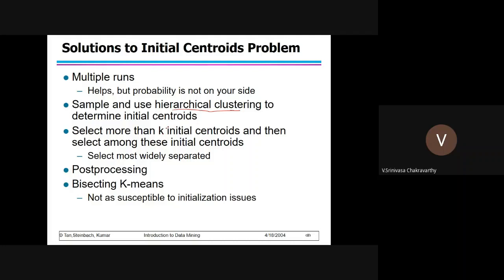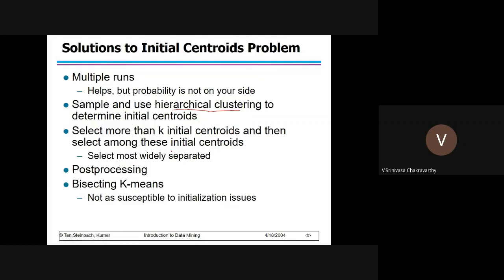If you have some clusters which are very large and some which are very small, then that's not a good way of dividing it. So what they are saying is you take a lot of centroids, and at the end, if you have very small clusters, remove them and recluster. And if you have very large clusters, you put more centroids there and break them.